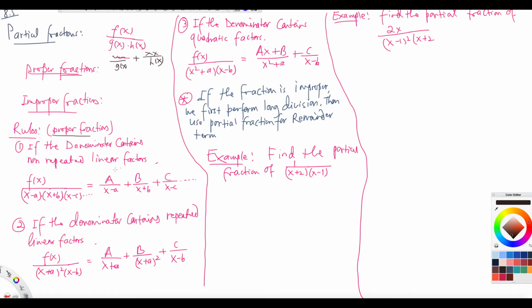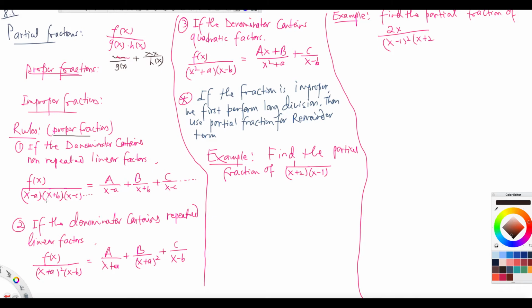A, B, and C are any constants you can take; you can write M, N, O, whatever you want. I wrote small a and small b just by coincidence, you don't have to have that. It's just a constant over each factor.